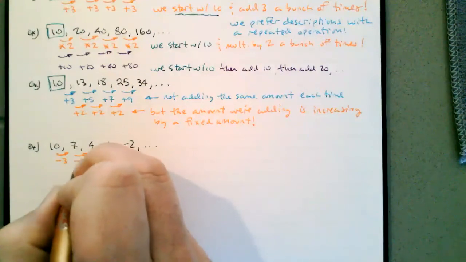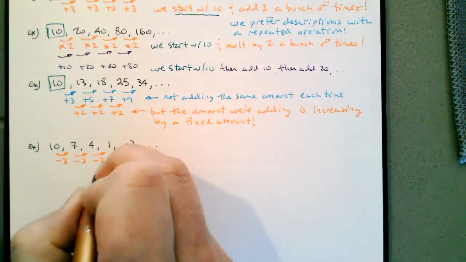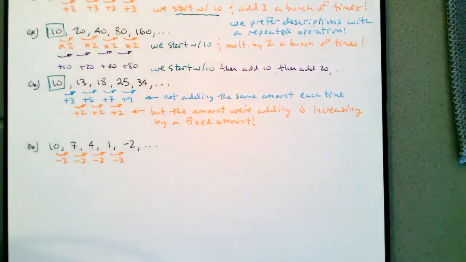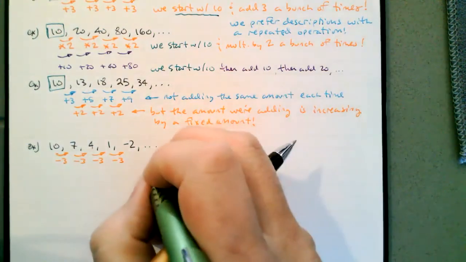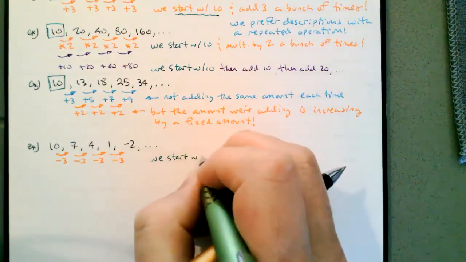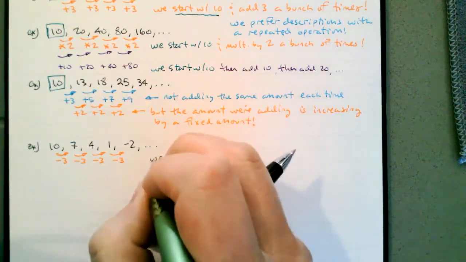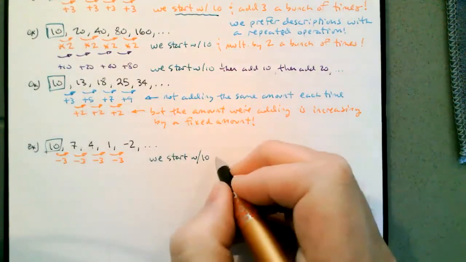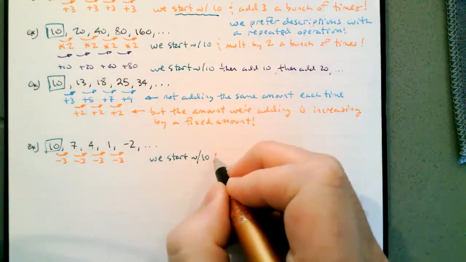This is in the same category as repeated addition, because subtraction is just the inverse of addition. Subtraction is just addition of negative numbers or addition of opposites. So here we would say we start with 10 and subtract 3 a bunch of times.